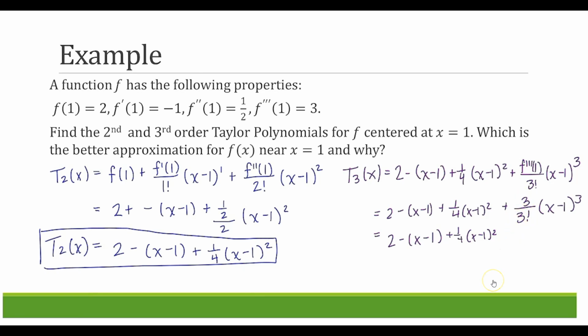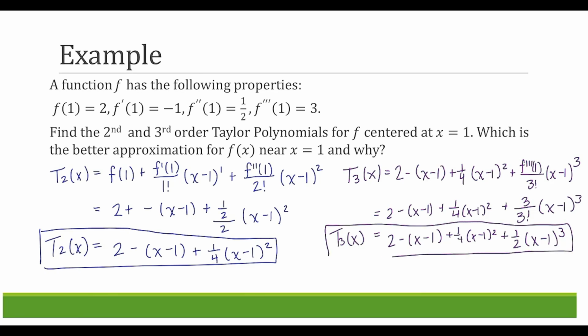So 3 over 6 is 1/2. So I have 1/2 (x minus 1) cubed. This is my third order Taylor polynomial, or T sub 3 of x. It's going out and just finding that one additional term that's created using the third derivative.